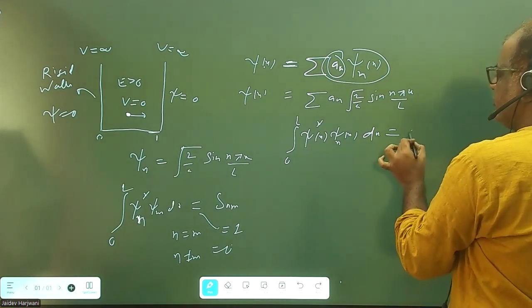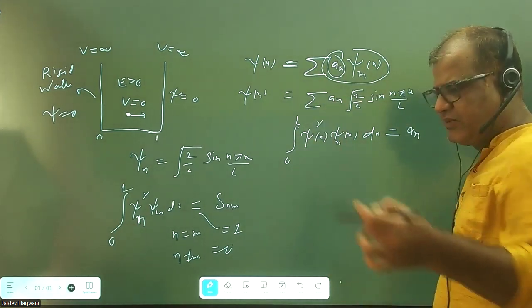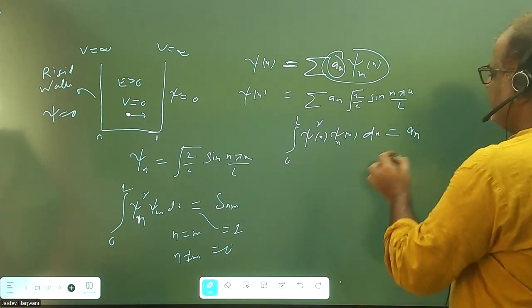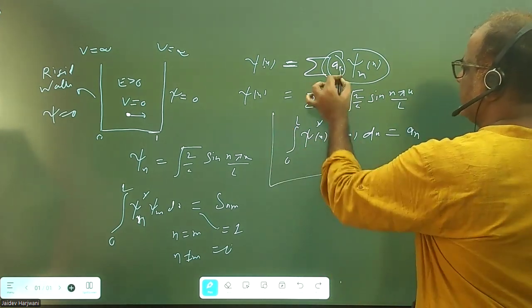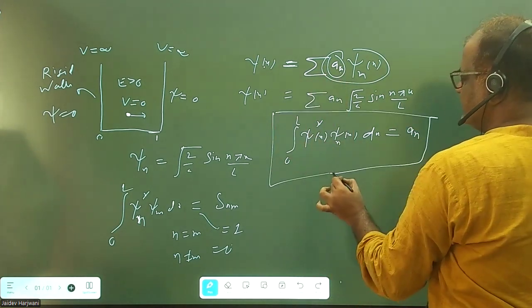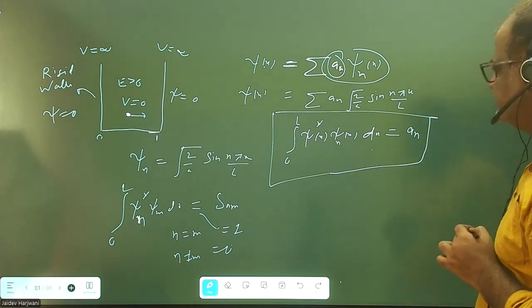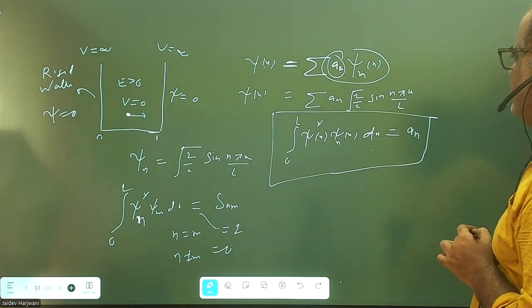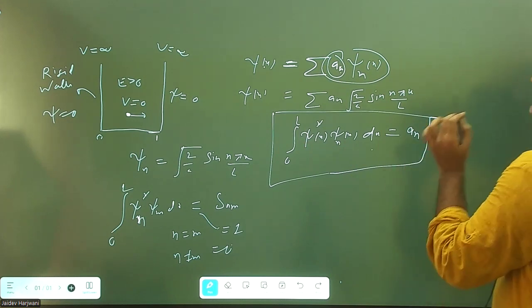So this will be equal to a n. We have talked about this many times earlier. So I can find the constant a n using these orthonormality conditions.